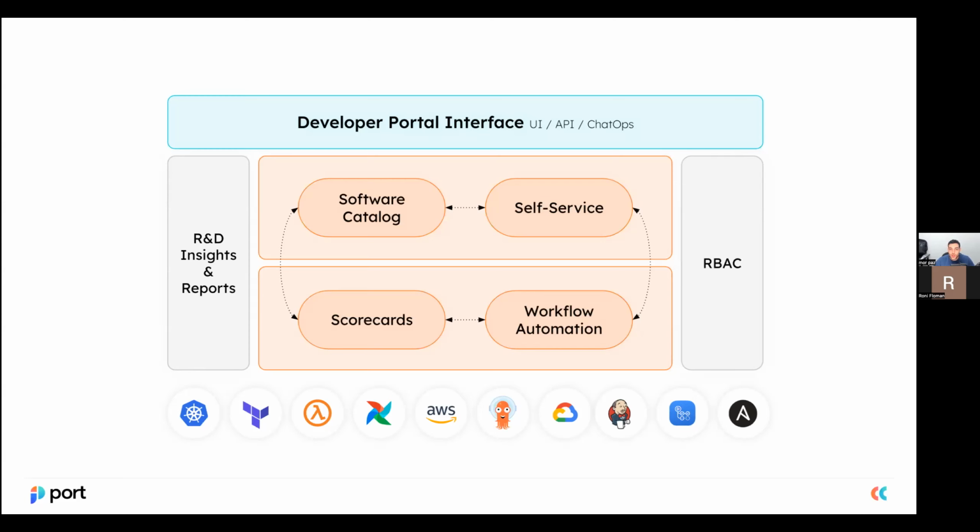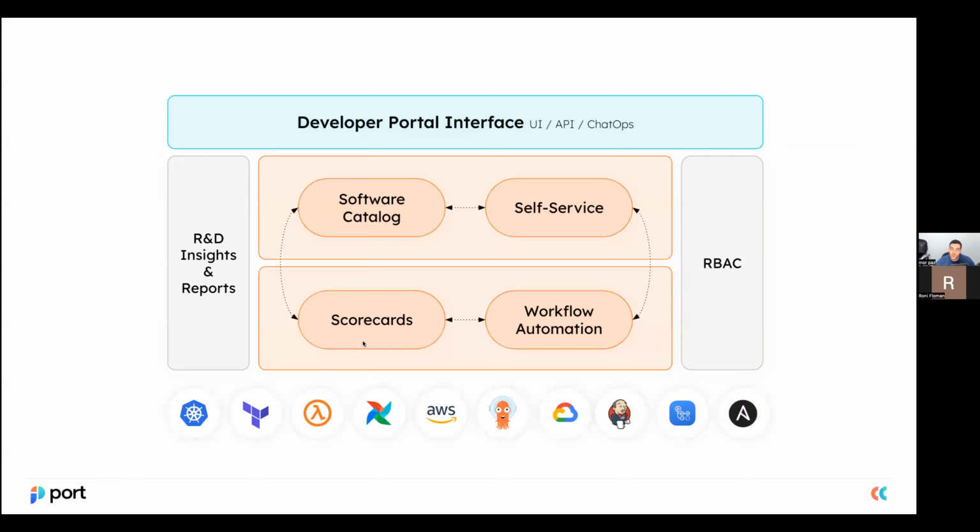Because the software catalog is always up to date and always contains an API which gives you the latest information in a very easy to consume way. So we see a lot of companies use it as a source for their CI/CD and their automated processes.